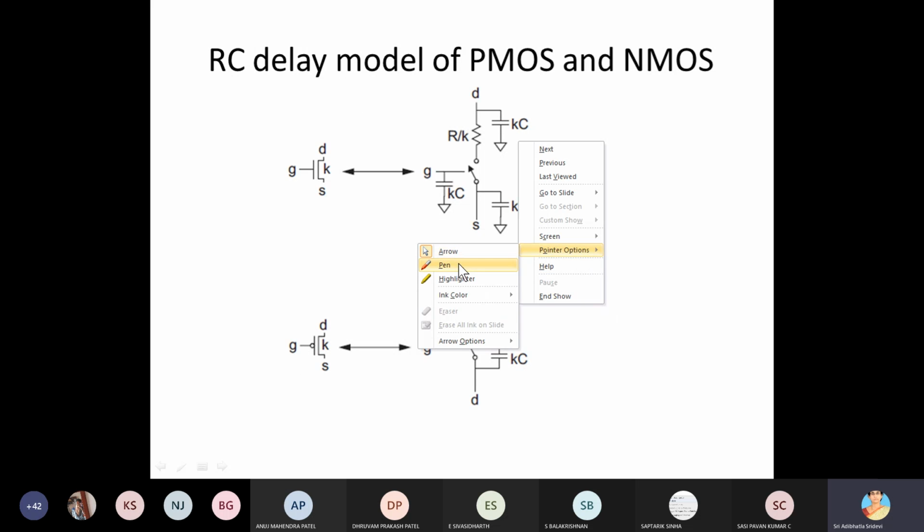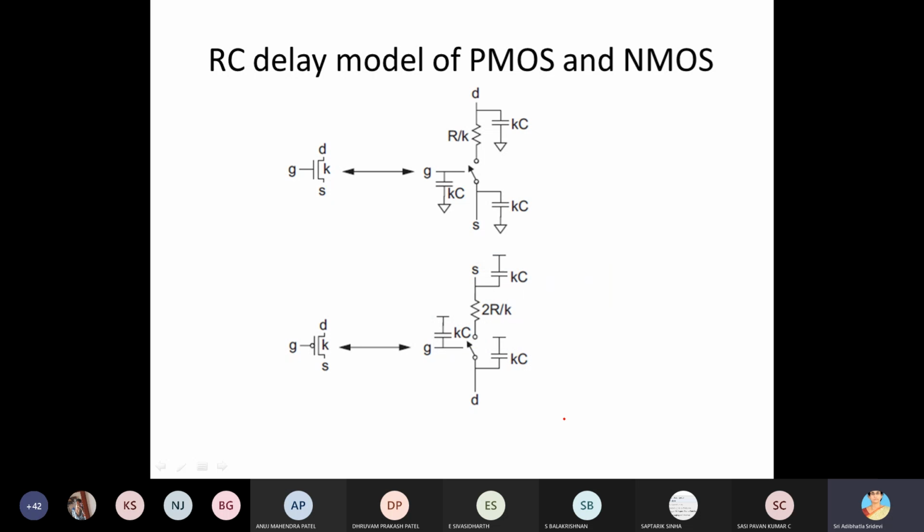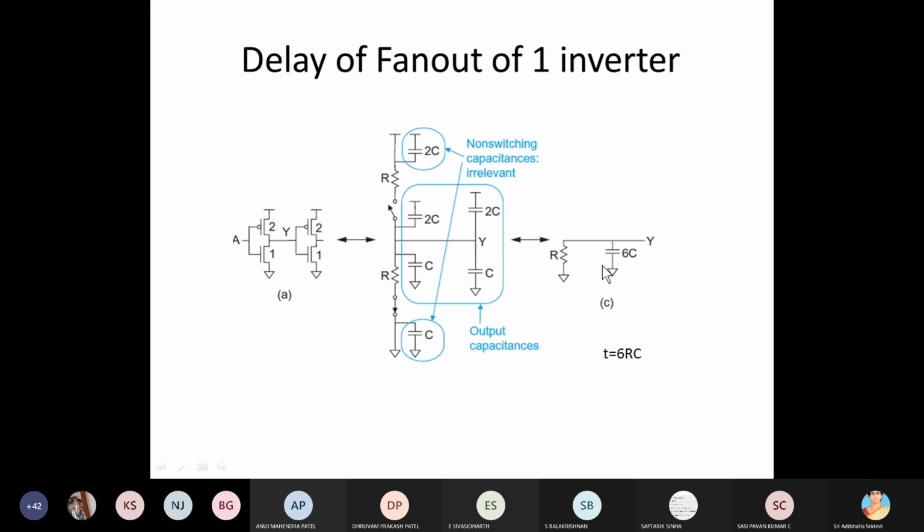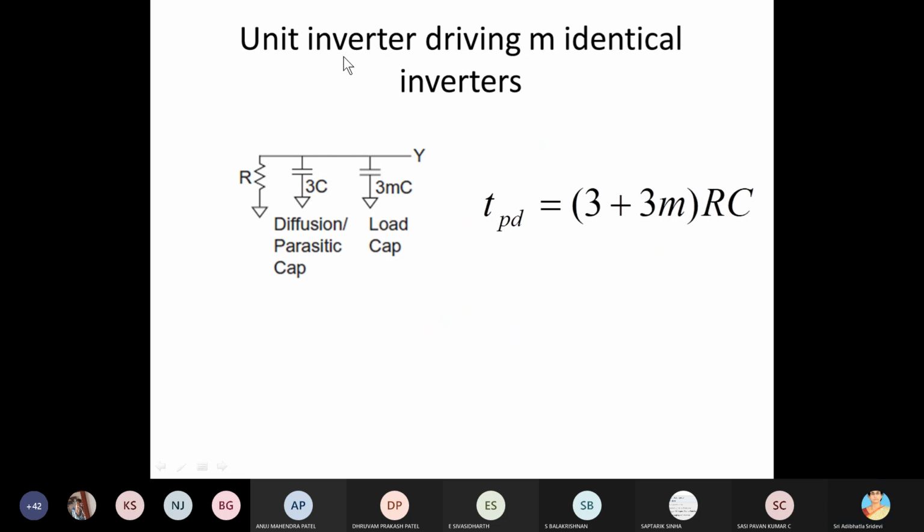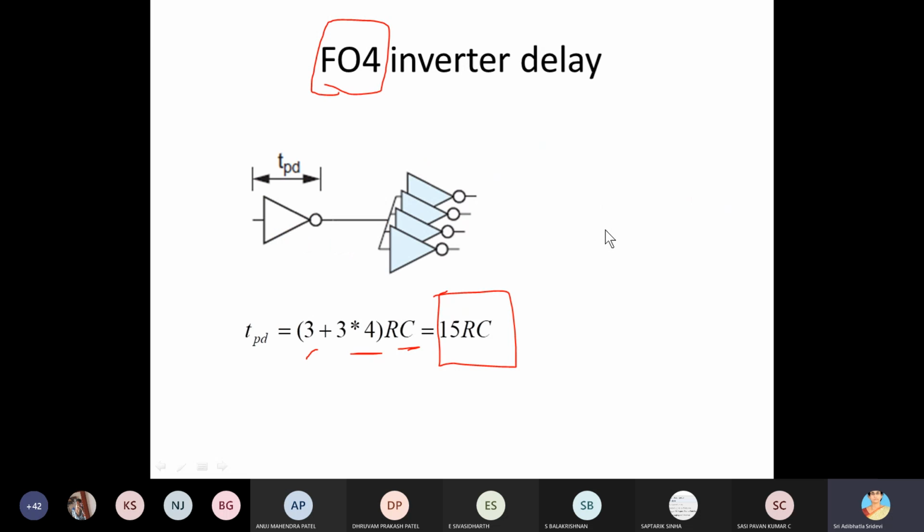I think we have done this in the last class also. Yes, ma'am. We have seen the delay of an inverter with a fan out of 1. It came around 6 RC. Then one inverter driving M identical inverters gave 3 plus 3M into RC.